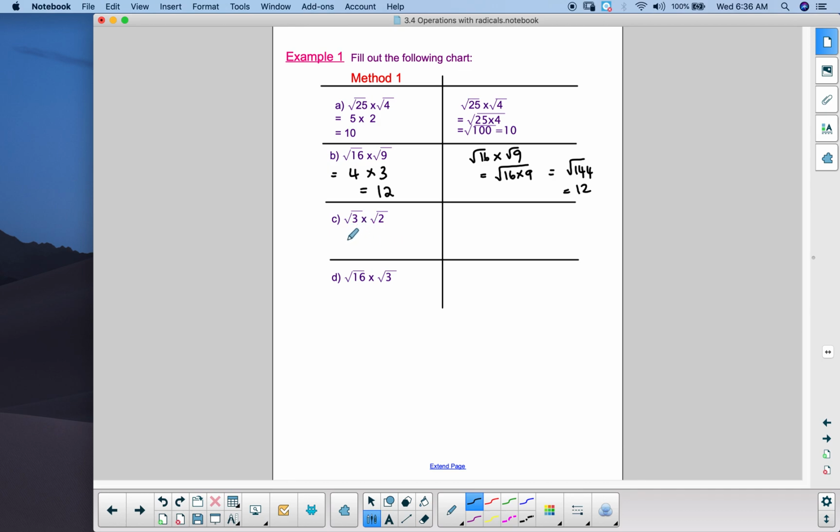Similarly here, if you did this, you can't really simplify them because they're not perfect squares, but if you'd like, try to approximate them by taking the decimals, this would be 1.732 times 1.414. I'm just taking it to three decimal places, and I'd get 2.449048.